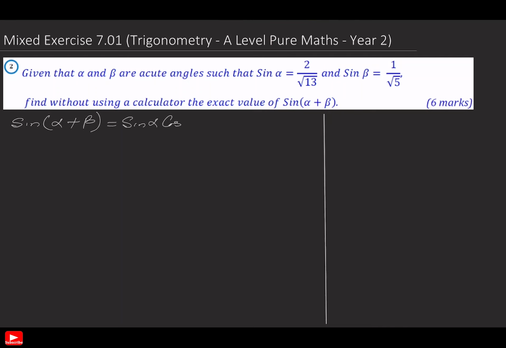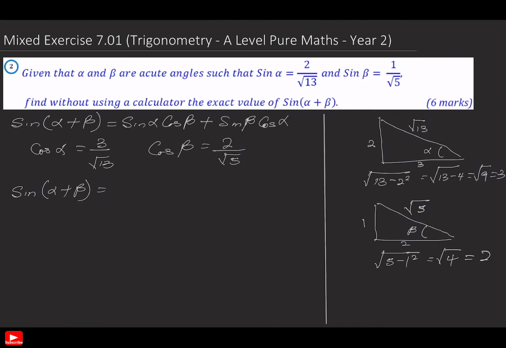Now I can do my substitution in this equation to get sine alpha plus beta equals sine alpha, which is 2 over root 13, times cos beta, which is 2 over root 5, plus sine beta, which is 1 over root 5, times cos alpha, which is 3 over root 13.